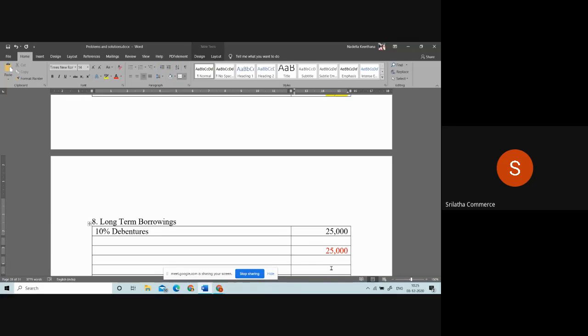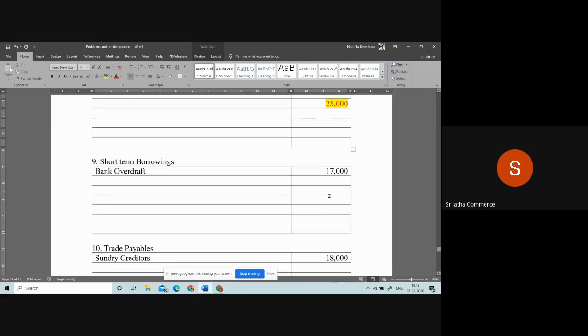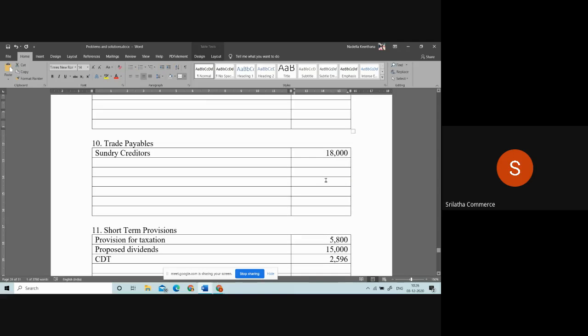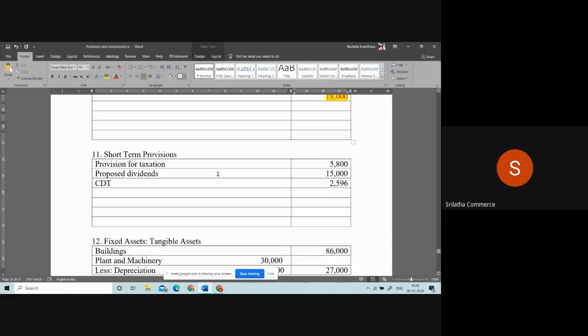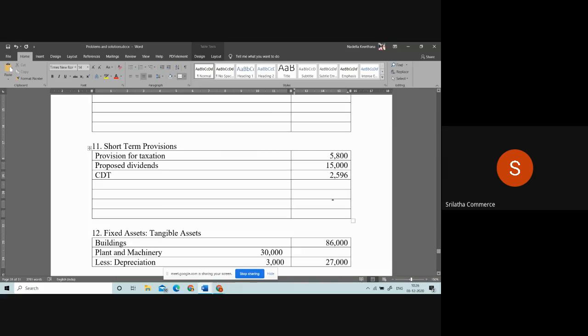25,000. Then comes short-term borrowing, 17,000. Then sundry creditors, 18,000. Now all these amounts you have to tell me. Short-term provisions, how much? 23,396.